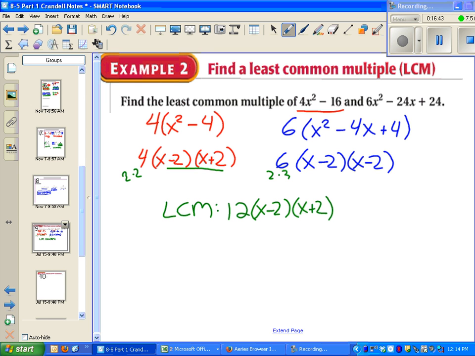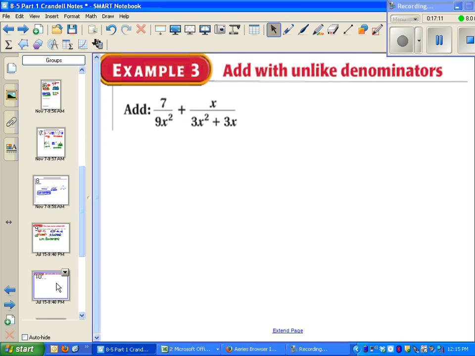And then this one has 2 x minus 2's. So we need 2 of them, so we need to add one more. And why do we need to do that? Well, this one had a 2 times 2, so we needed to add both 2's into our least common multiple. And if this one has 2 x minus 2's, we need to add both of them. So that's that.